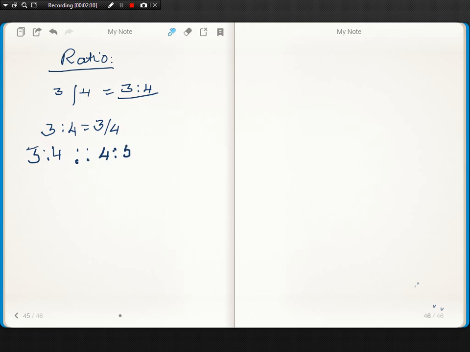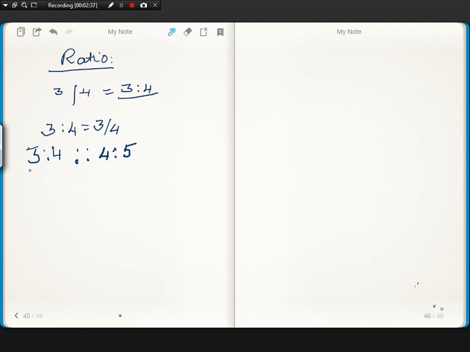When you go for 4 is to 5, two ratios are being compared. 3 is to 4 is equated with 4 is to 5. This is called a proportion. When two ratios have been compared, that is called a proportion.